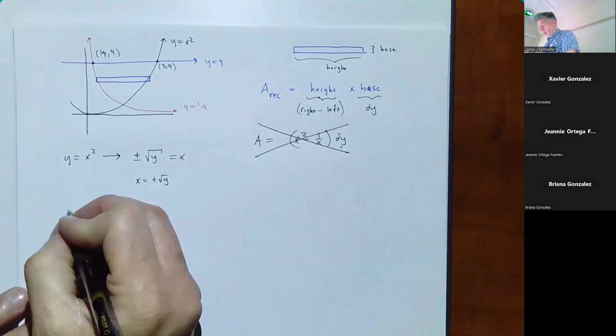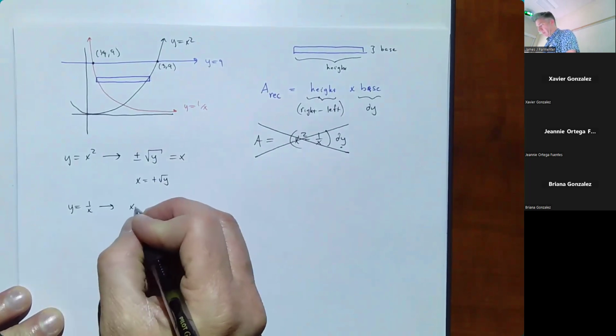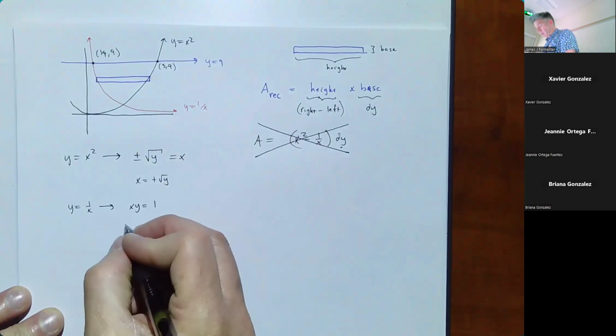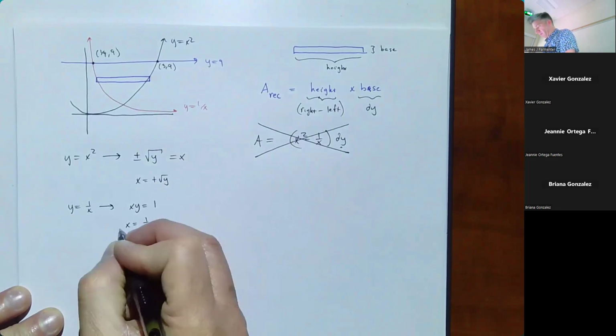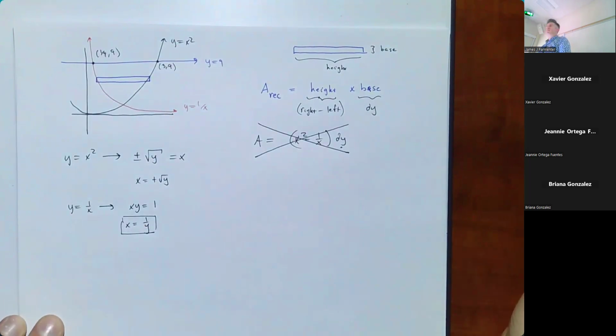And then y equals 1 over x. If we solve for x, multiply both sides by x, divide both sides by y, x equals 1 over y. It is kind of interesting, just as a very side note, that 1 over x is one of the few functions that is its own inverse function.